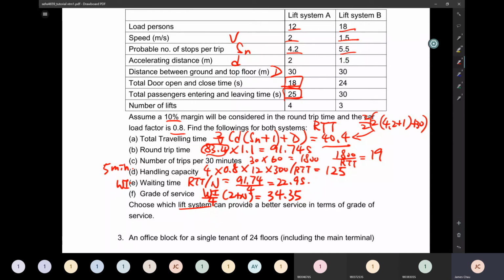So you have 40.4 plus 18 plus 25. This is the total time together with the door opening time, door closing time, the passenger entering time and leaving time. Okay? Any more questions?